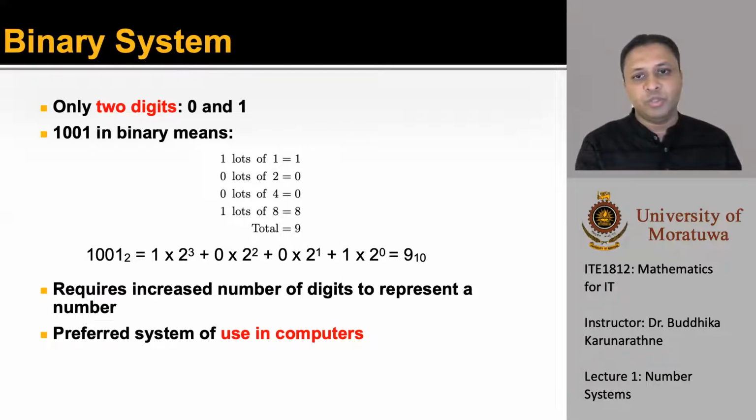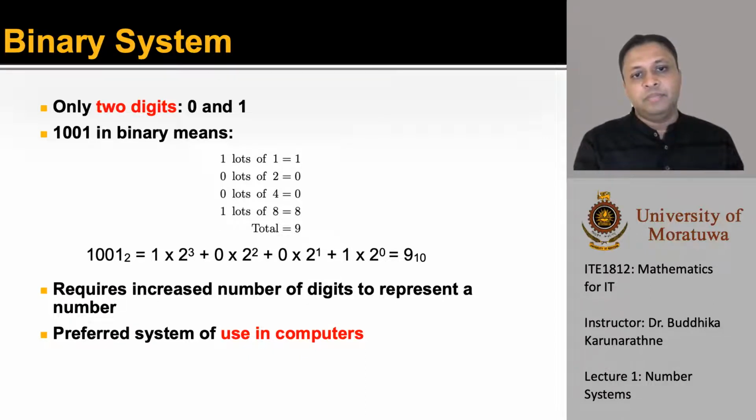We do not usually put the subscript 10 when we write decimal numbers, because by default we represent numbers in decimal. But in other number systems, to denote that a number is specifically in that number system, you put the subscript 2 or whatever base you are using.